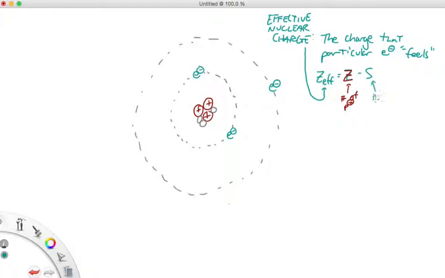It's the number of electrons, this is the weird part, that are inside, quote, inside the electron you are considering.